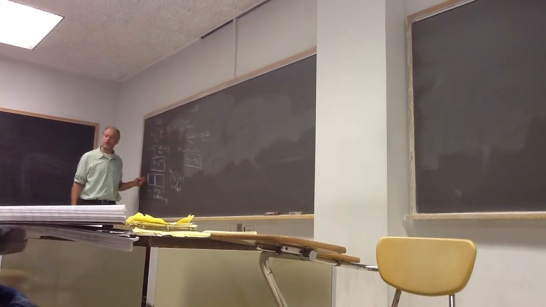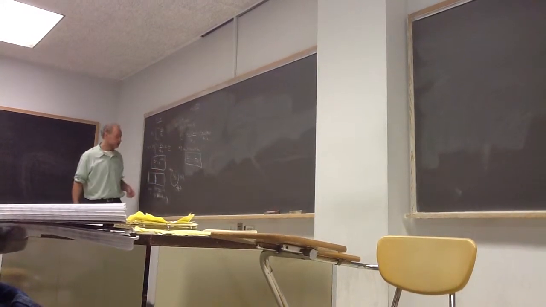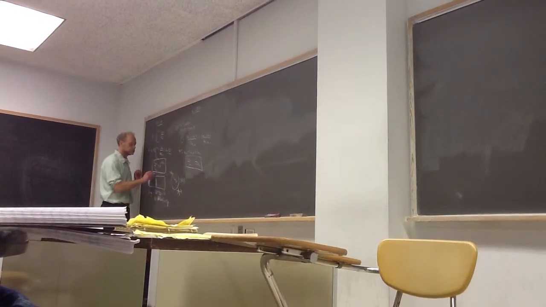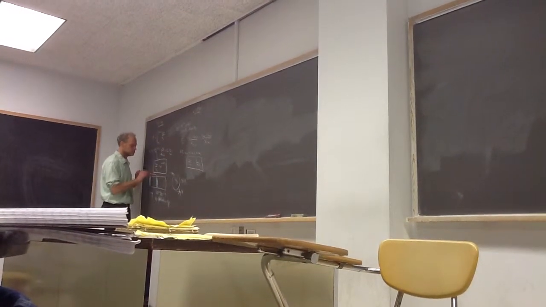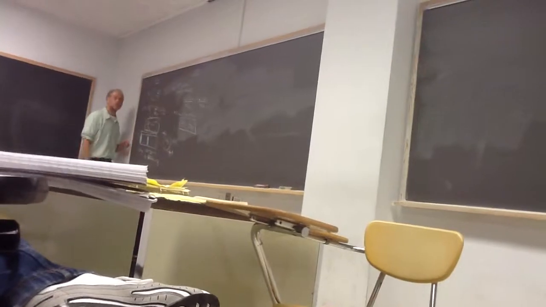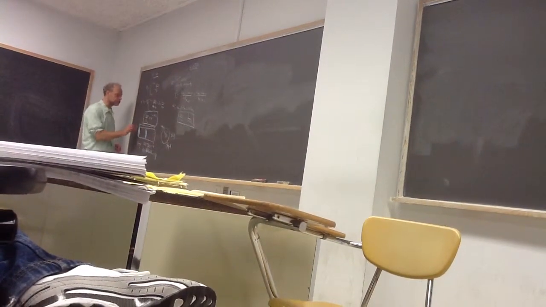Well, if it's a plug flow reactor, the velocity is uniform. Velocity doesn't change. I have a certain length of the reactor, L, and a certain velocity, let me call it W, because it's in the Z direction.